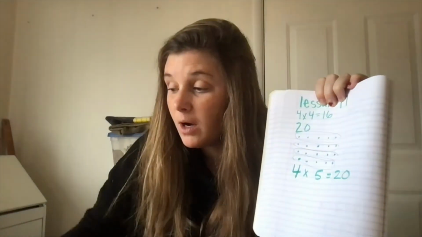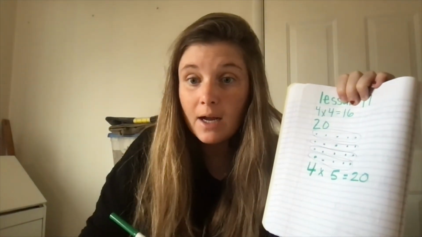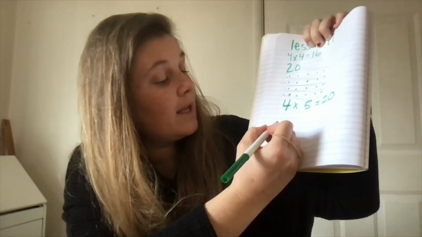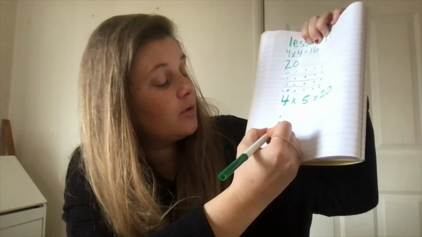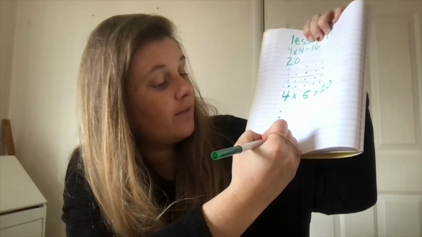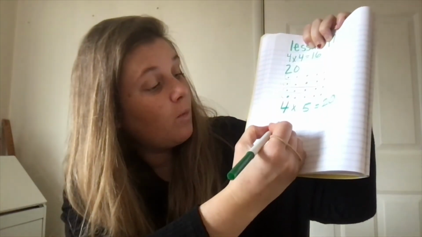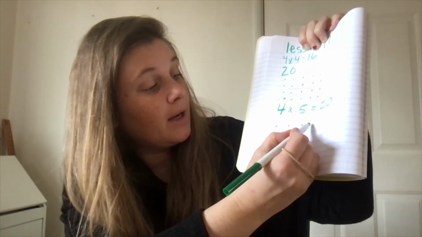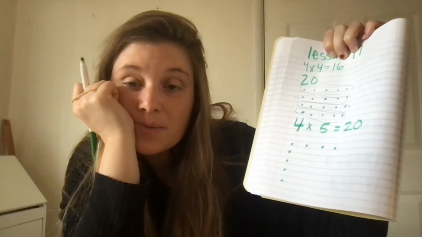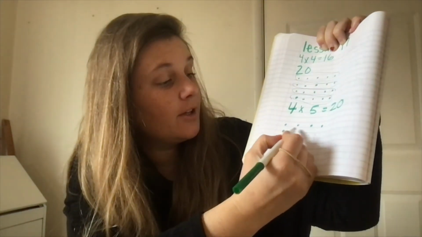So, grab your journals. So that was the first array. Now what we did is we just moved them around, and we went 1, 2, 3, 4, 5. 1, 2, 3, 4 across. Okay, now let's fill them in. Fill yours in.